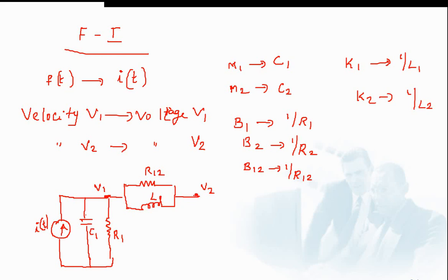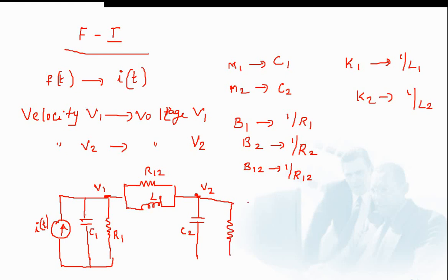So what is the element corresponding to mass M2? There should be a capacitor C2, and corresponding to the damper B2 there should be a resistor.